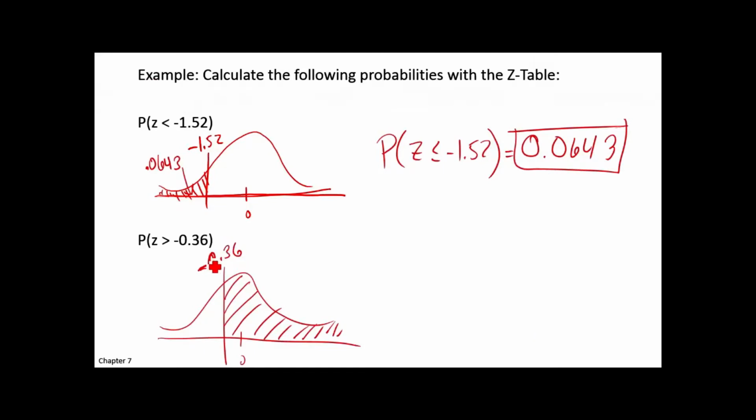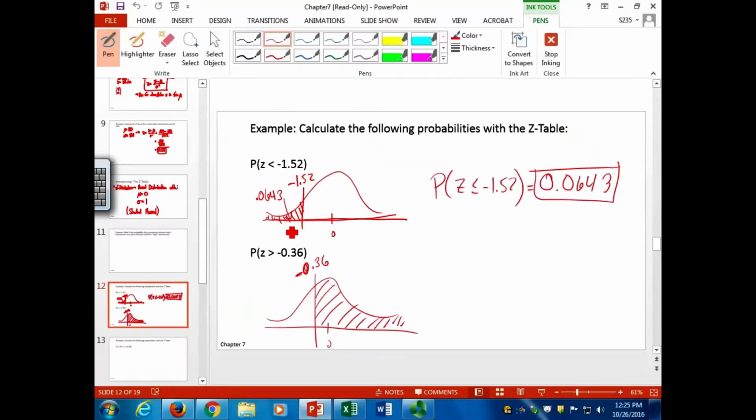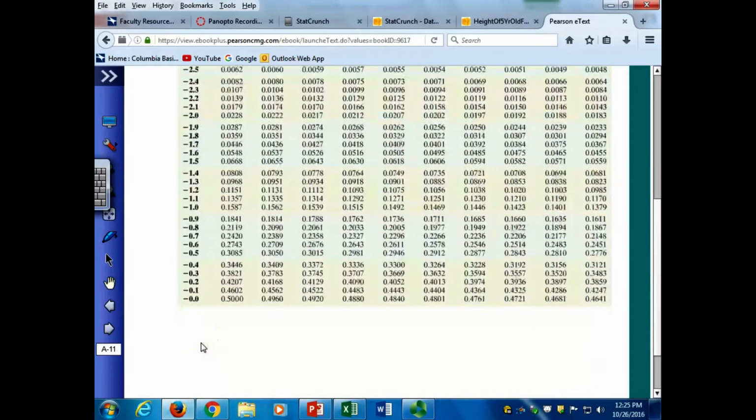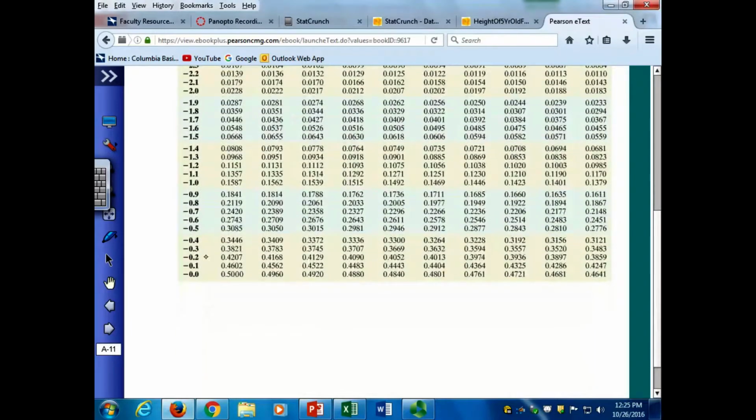So first I need to go look up my z-score. Negative 0.3, this would be 30, 31, 32, 33, 34, 35, 36, and it's right here. And if you can't see it, it's 0.3594.